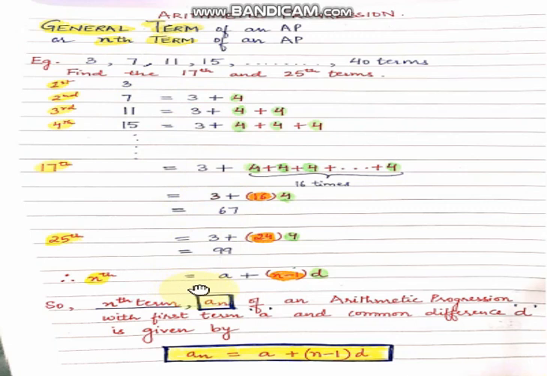So what will be the nth term? It will be a plus d. d is my jump size, which is always fixed. In this example it is 4, and as a standard we are taking it as d.